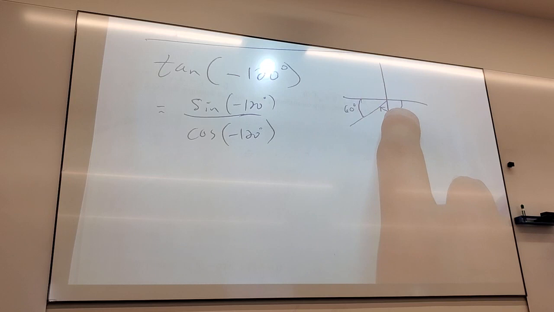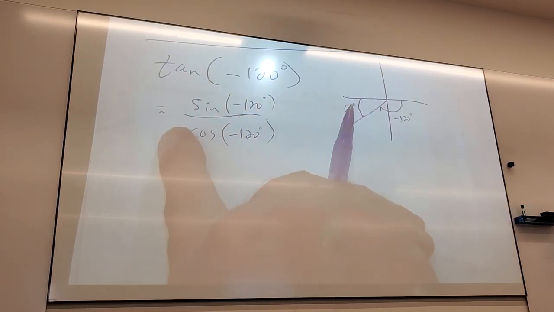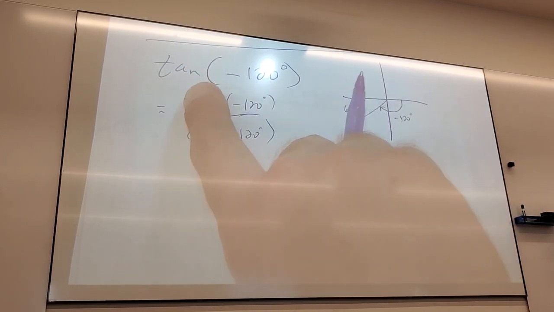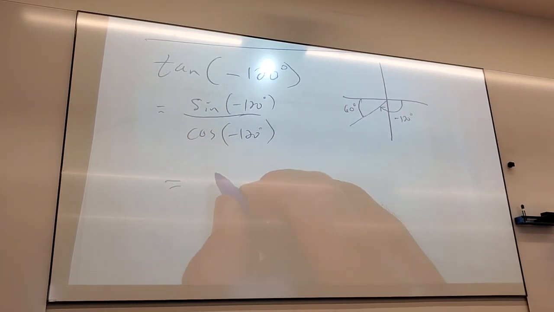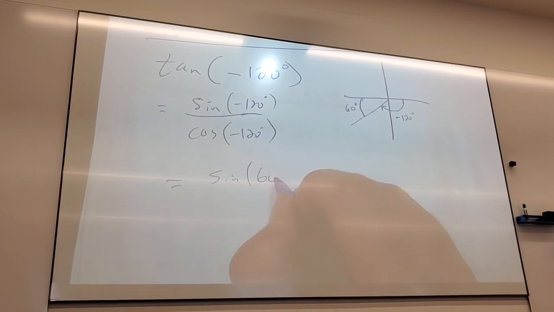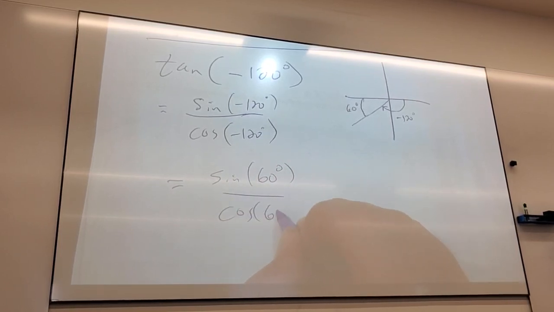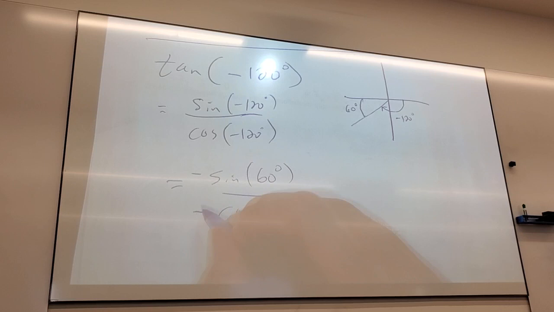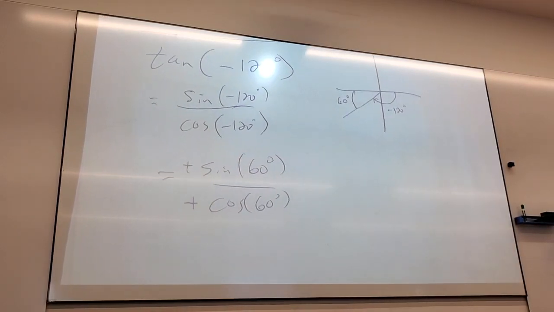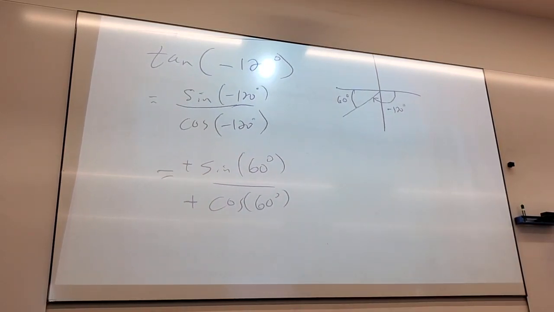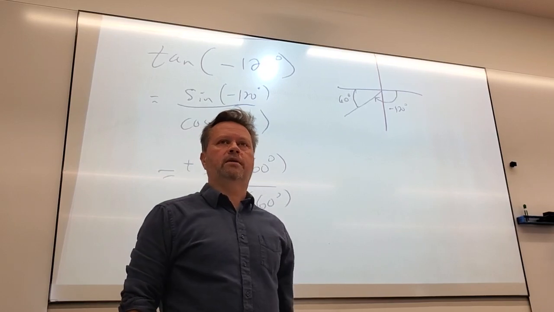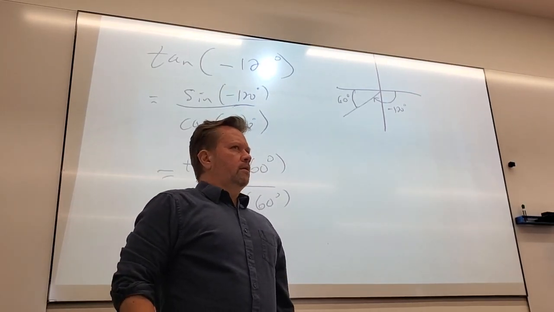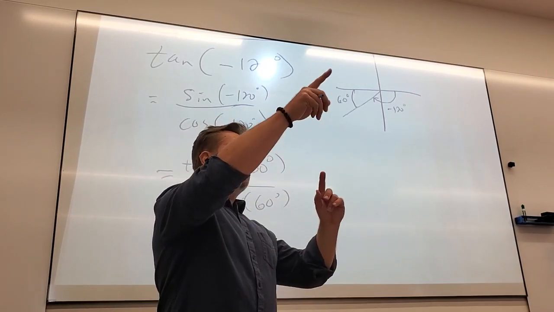They're both negative. So the tangent is negative divided by negative, which is going to cancel. So this is equal to sine of the reference angle divided by cosine of the reference angle. And just to show you, this would equal negative sine over negative cosine, and these would cancel, correct? Yeah. Okay. Or you could have said from the beginning, oh, sine and cosine are the same sign, so tangent's going to be positive, and then not even worry about it, just make it positive at the end. So this is one way to do this.